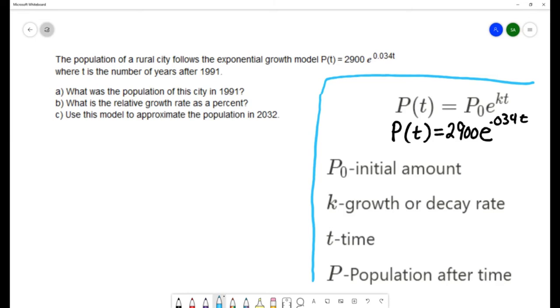So as the coefficient on e, we have 2,900. The coefficient on e is labeled here as P naught. So we know that 2,900 is our initial amount or our initial population.